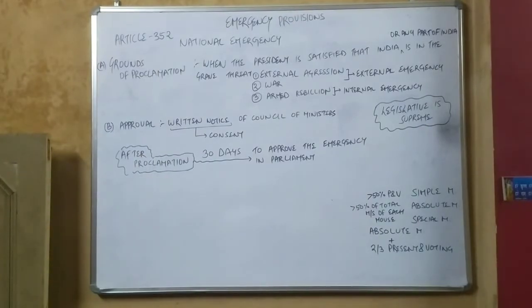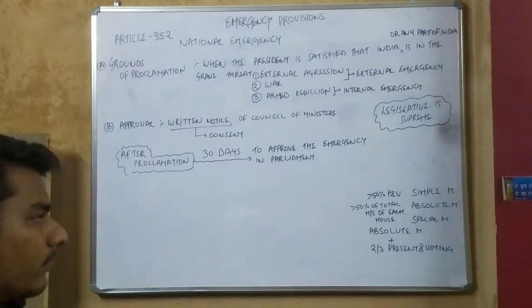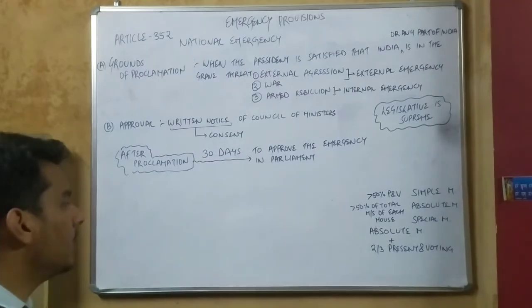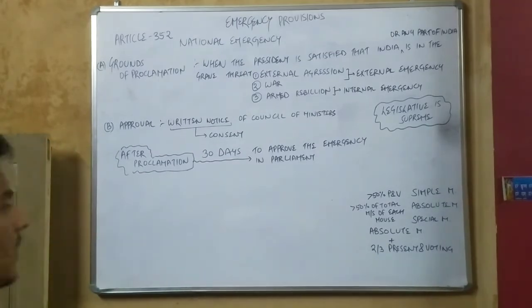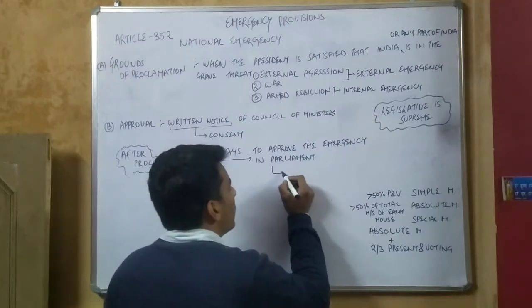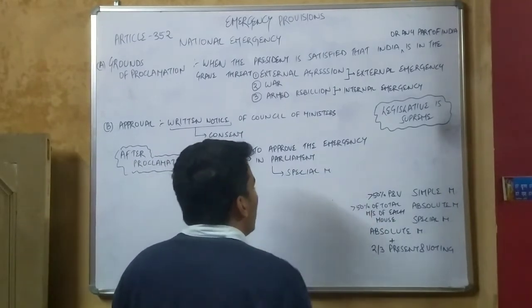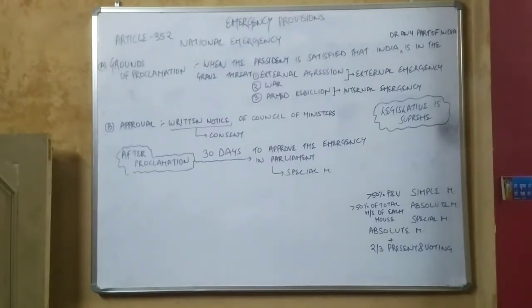So now the bill is presented in Parliament, and it requires a special majority. The bill should be passed in each house with a special majority, that is more than 50% of the total membership of each house plus 2/3 present and voting. All right.